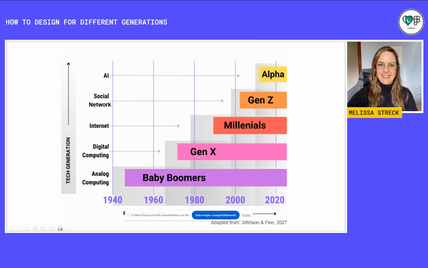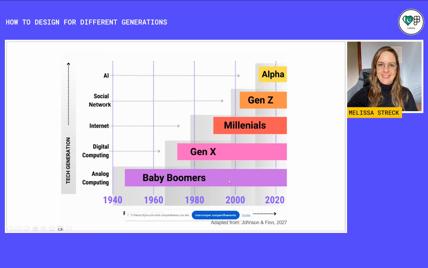It is from Jeff Johnson and Kate Finn, and the book is called Designing User Interfaces for an Aging Population: Towards Universal Design. In the book, they have this graph that I think is great for understanding which technologies existed when each generation group was born.